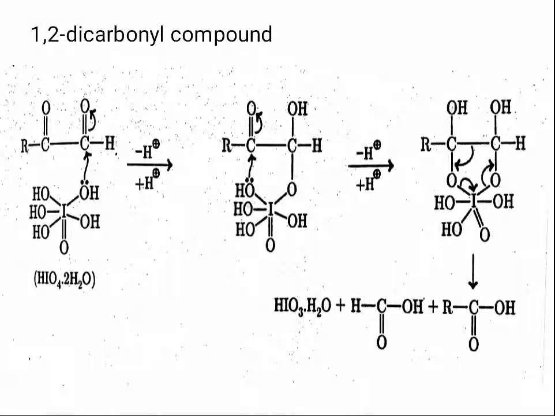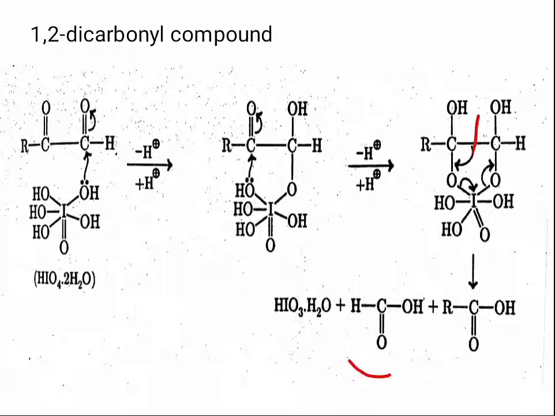Now in the case of a 1,2-dicarbonyl compound, this is a much more difficult one. At first this OH will attack this carbonyl group, then this will form OH. At the same time another OH will attack this carbonyl group, and this will also form OH. Then the electrons or the bonds will change, and this C-C bond will be broken.